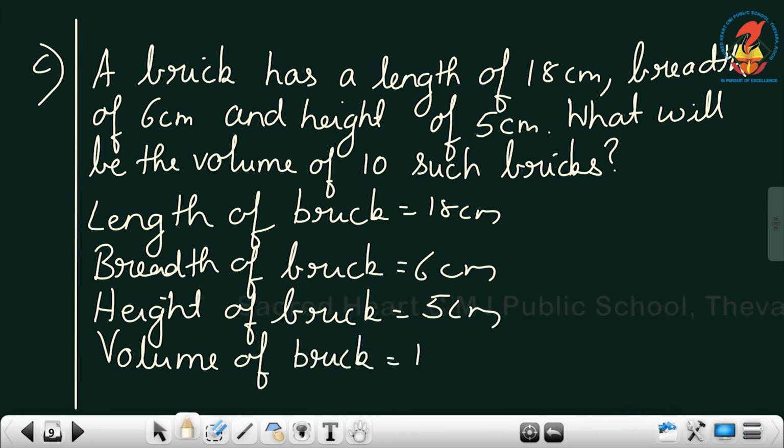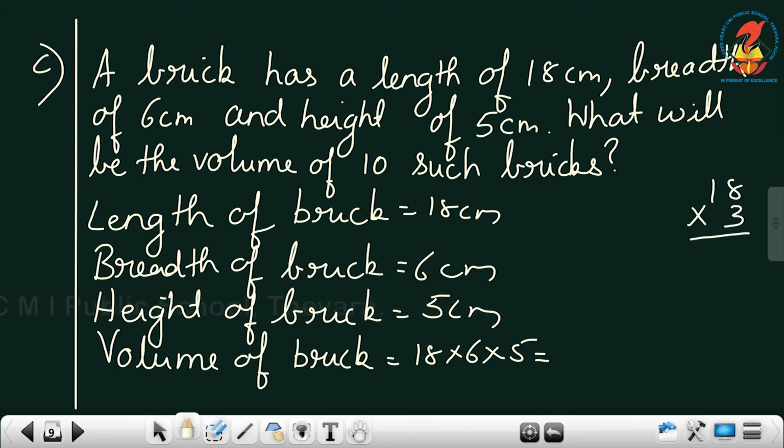So volume of the brick, just multiply 18 into 6 into 5. What is the answer you will get? 6 into 5 is 30. So I will do 18 into 3 and then I will add the 0 of 30. 3 8s are 24. 3 1 is 3 plus 2 you get 5. So I get 540 cubic centimeter.